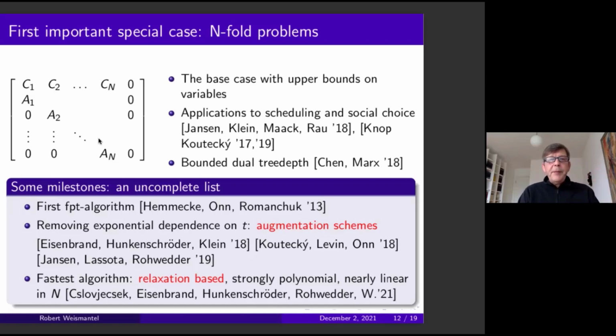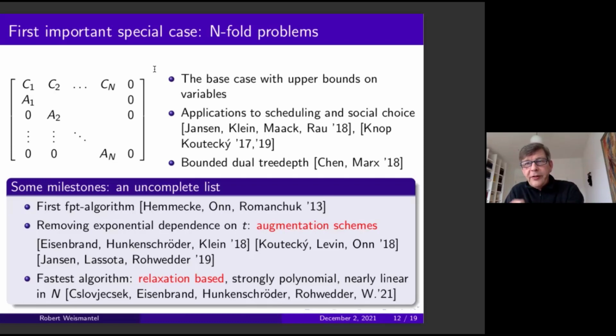Some people might think this n-fold stuff is so special, but in a sense it is not, because even the base case, so for me the base case is when you have no blocks for the moment. This is really the base case. But now think about the base case with upper bounds on the variables. In standard form, I should also say that here we always look at standard form, so we have non-negativity on the variables.